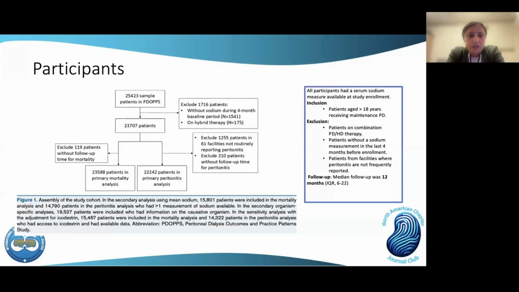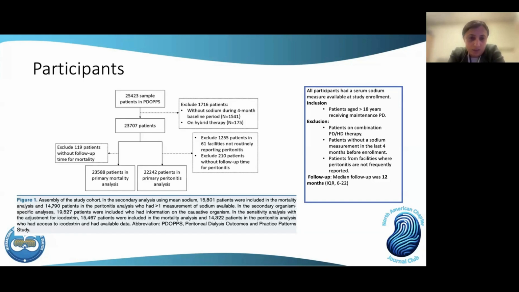So participants, they initially screened 25,423 patients. All of the patients had to have a serum sodium measurement before enrollment, and they excluded patients who didn't have any serum sodium in the 4 months before enrollment period. They excluded the patients who were on hybrid therapy, PD and hemodialysis hybrid therapy.